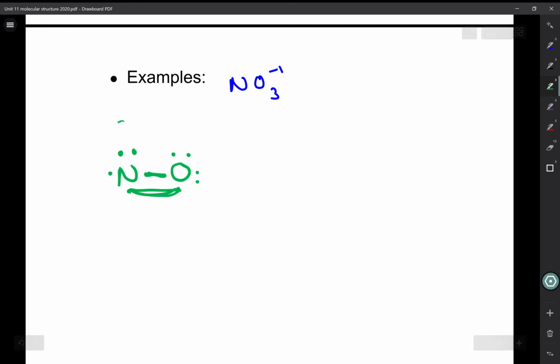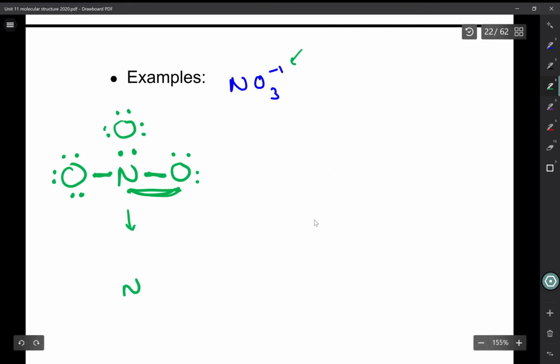Other oxygen we'll put on top of here. 1, 2, 3, 4, 5, 6, and that's bonding with that. Our third oxygen we'll put over here. 2, 3, 4, 5, 6. Then remember you got that -1, so we'll put that electron there. We're going to rewrite this a little cleaner down here. N, O, O, and O.